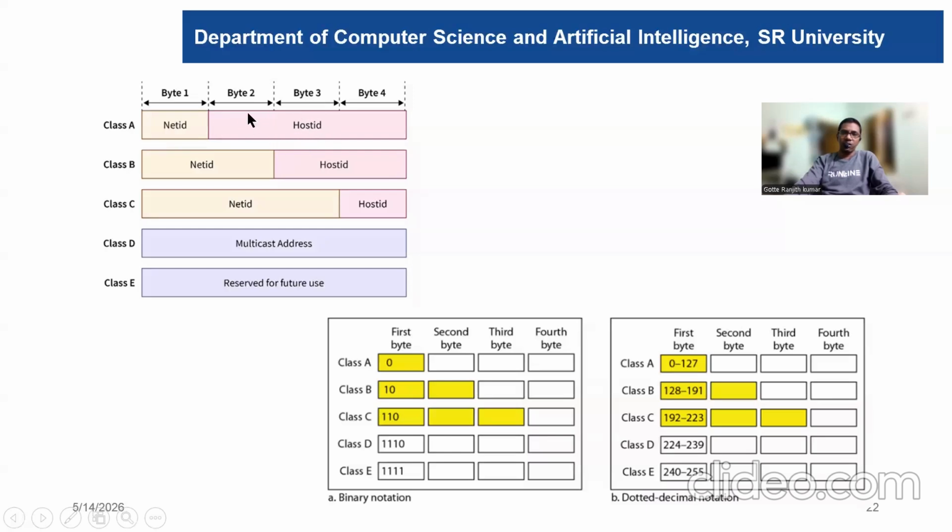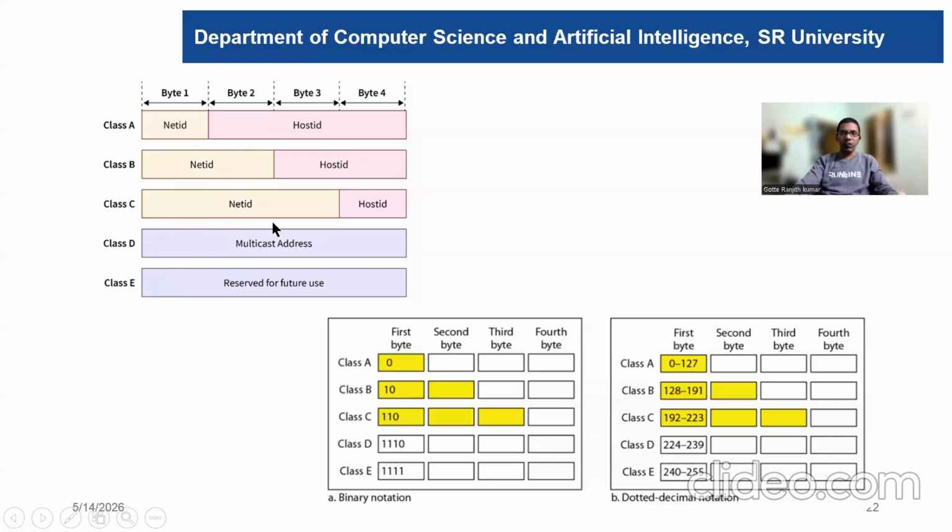So in class A, 3 bytes, each byte being 8 bits, means a total of 24 bits are used for the host address. That means a total of 2 power 24 host addresses can be generated for one network. Class B and class C work similarly. Class D is for multicast addresses, and class E is reserved for future use.